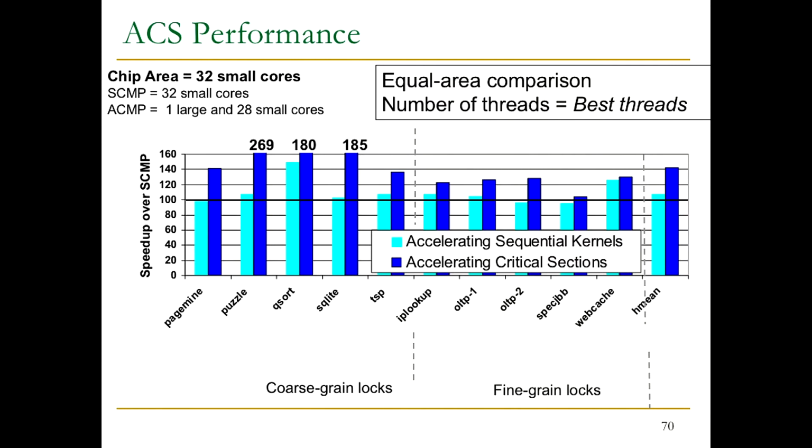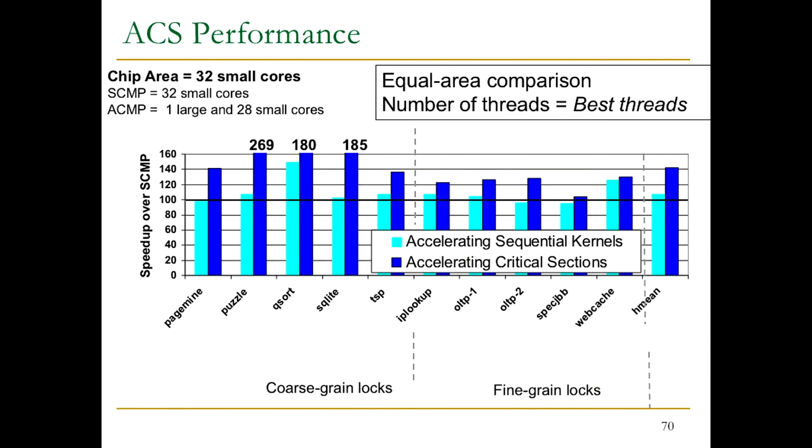So let's take a look at the baseline over here: symmetric multi-core, 32 small cores. Accelerating sequential kernels is basically accelerating Amdahl's serial part. On an ACMP, you have 1 large and 28 small cores, and in this turquoise bar, basically you have 1 large core and 28 small cores, but the large core is executing only the serial part.